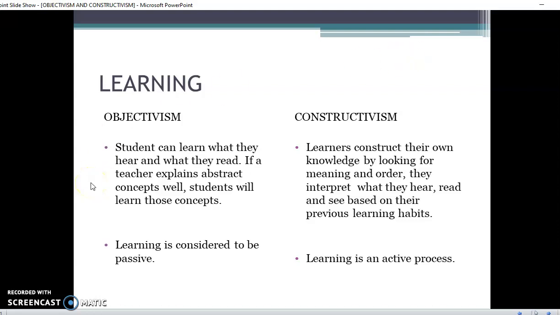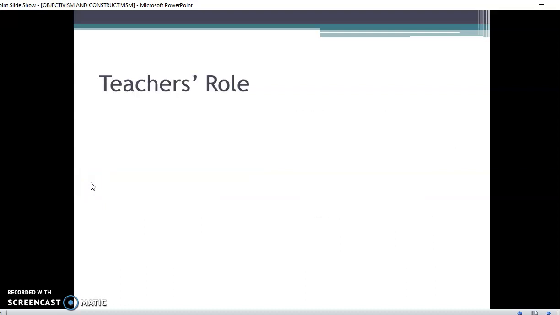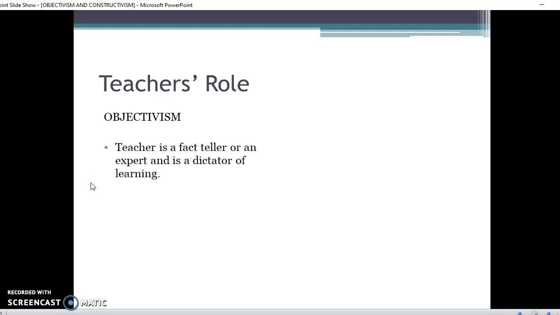Moving ahead, we'll see the next criterion, that is teacher's role. We all know what teacher's role is and what it means. So let us see how different the teacher's role is in an objectivist classroom and a constructivist class. In objectivism, the teacher is a fact teller or an expert and a dictator of learning. The second point is the teacher is manipulative and authoritative.